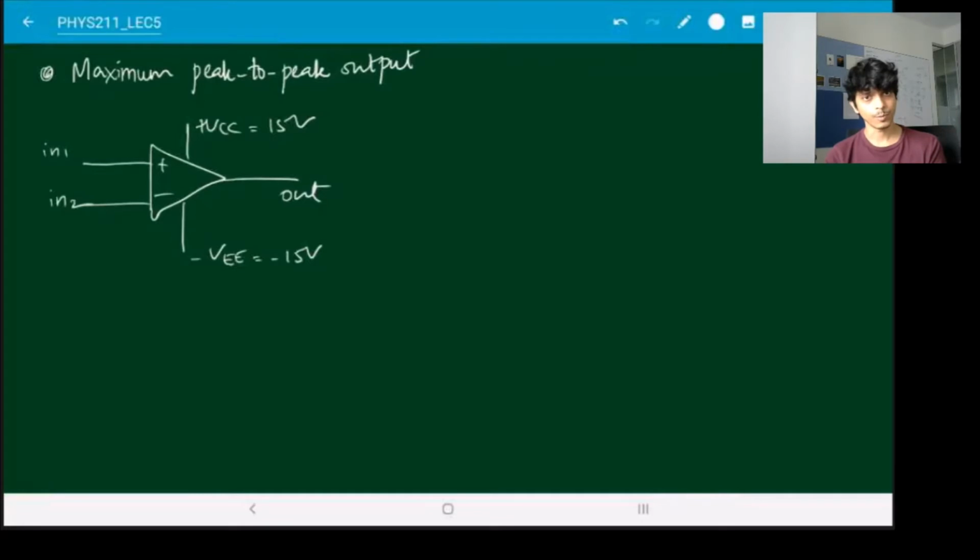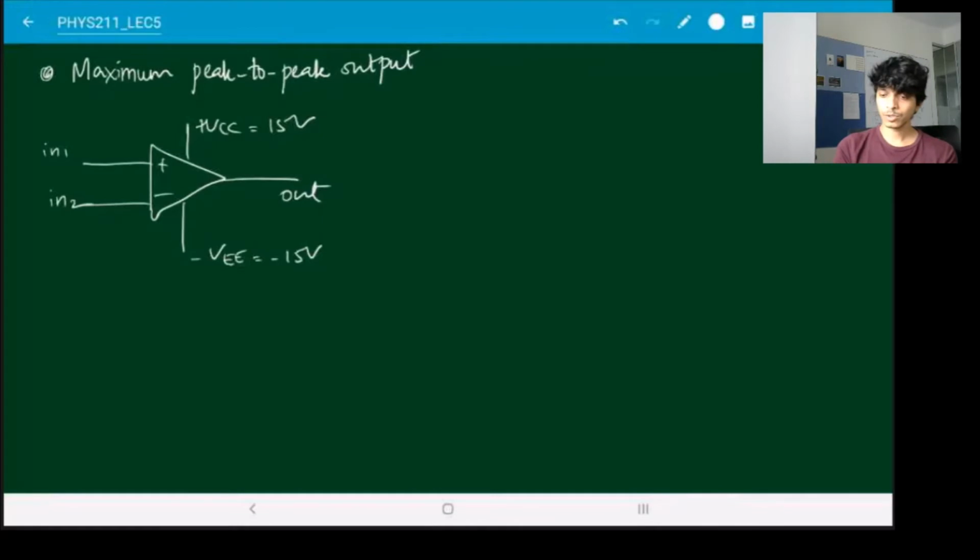So whatever output you're getting is going to be limited by how much biasing you're giving to your transistor. When you input a voltage of, let's say, 1 millivolt and you want to amplify it, where is that extra energy coming from? How is it being amplified? That extra voltage that you require is coming from your VCC and minus VEE.